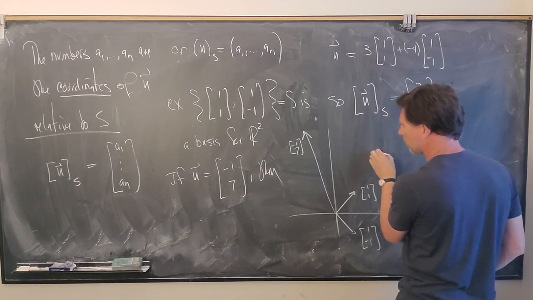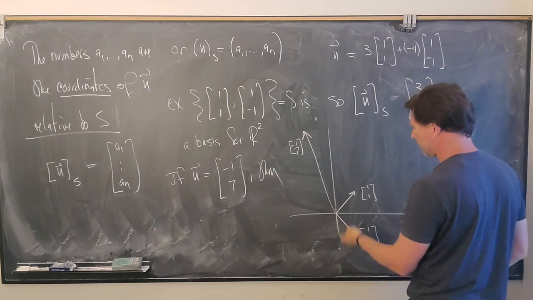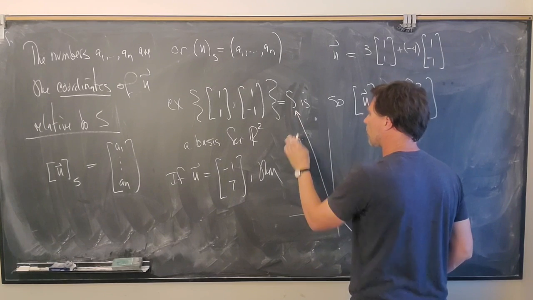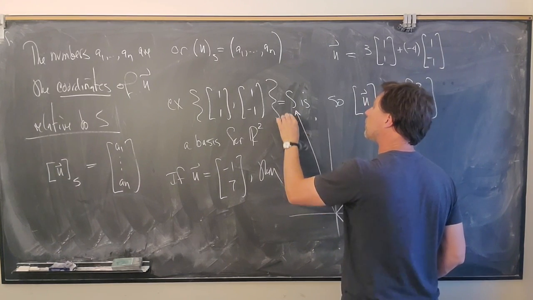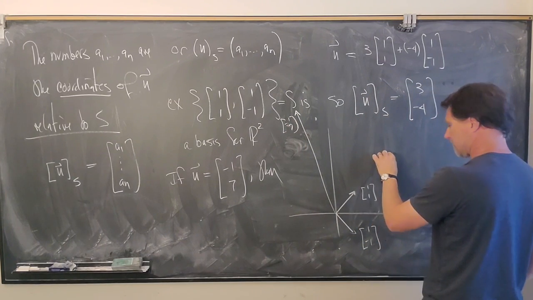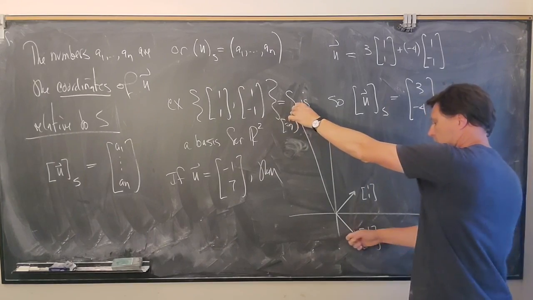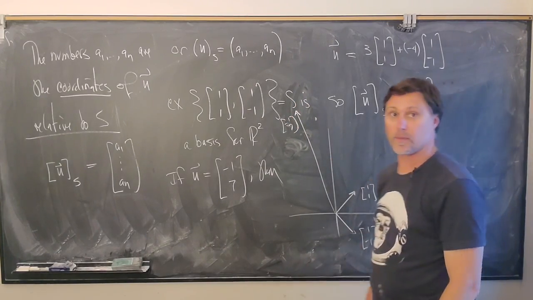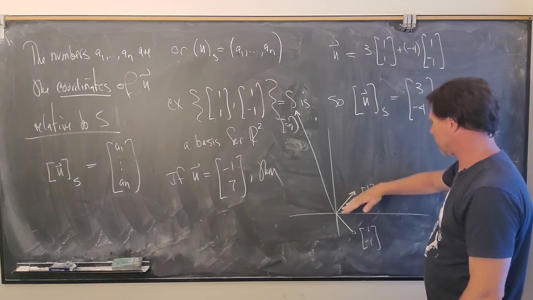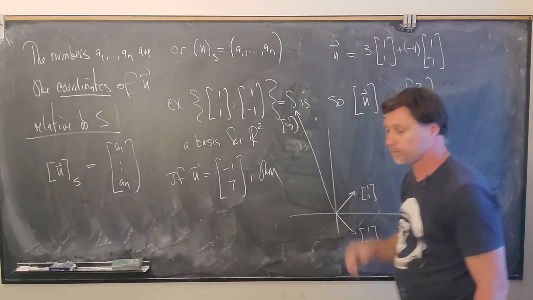My picture doesn't work very well. The problem is I didn't scale this correctly. This should be longer. I'm totally blowing my example here, but (-1, 7). So if you go 3 times in this direction and negative 4 times in this direction, you'll end up at that vector right there. That was a terrible example, but that's the idea. 3 times this direction plus or minus 4 times this direction will put you right there.